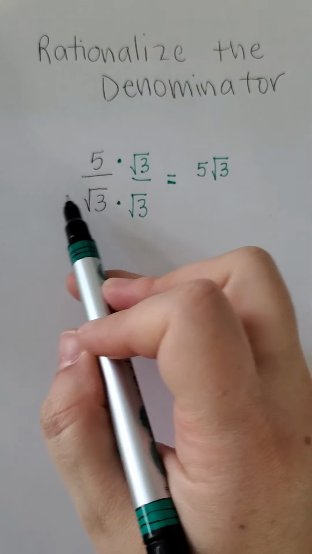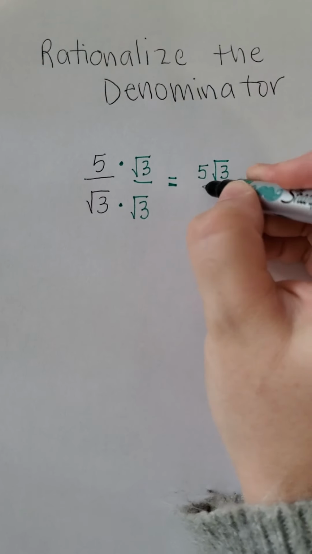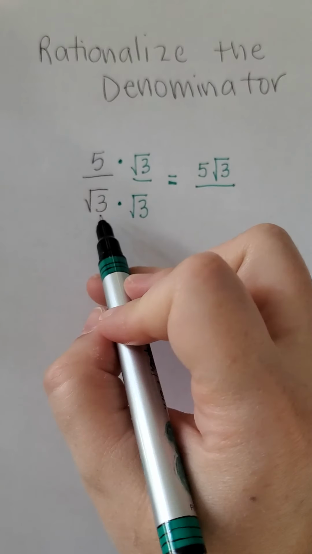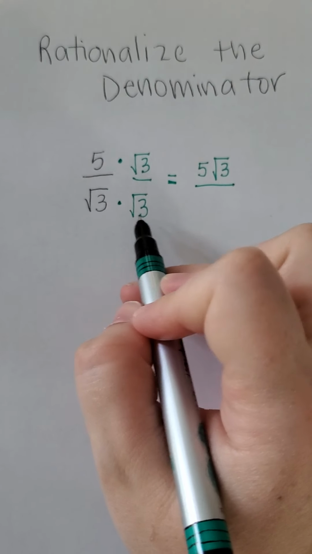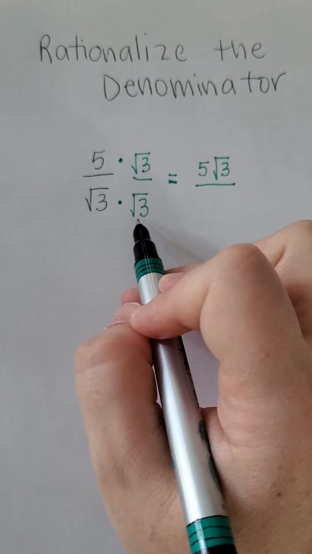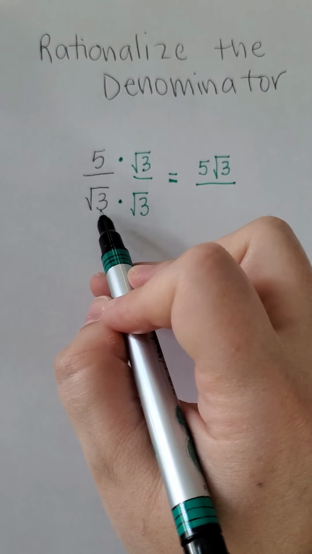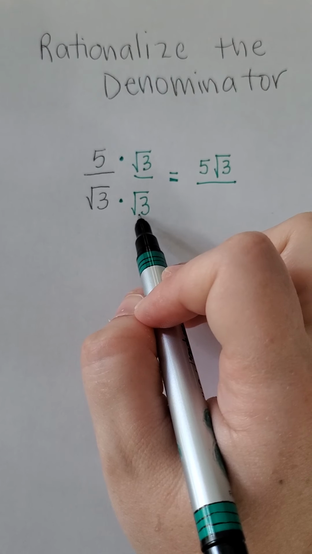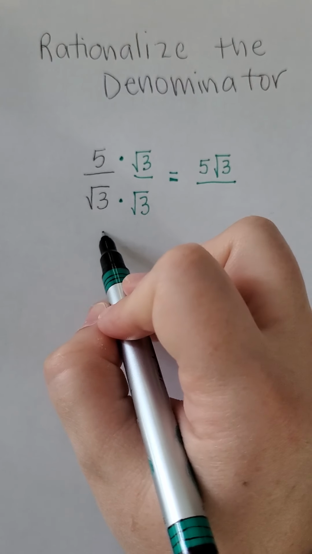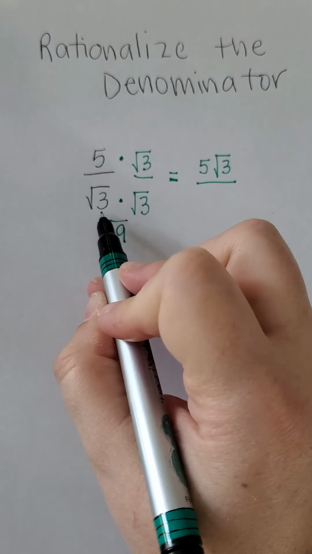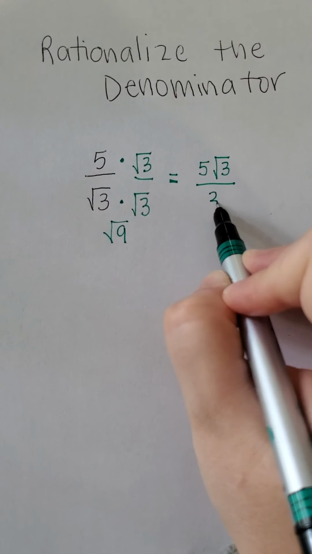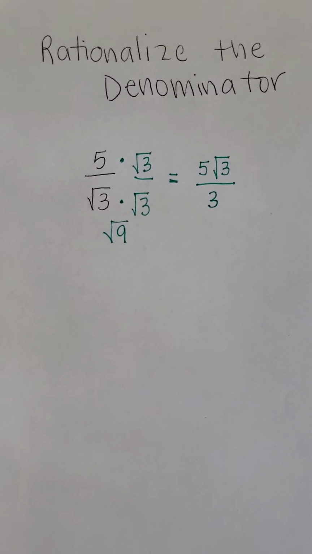I'm going to do this in 2 steps so that you can see it, but the 2 steps are not really necessary when you're working them out. I can multiply numbers that are both under a square root sign. So I can multiply those 2 3's together because they're both under a square root. 3 times 3 is 9. Well, the square root of 9 is 3.